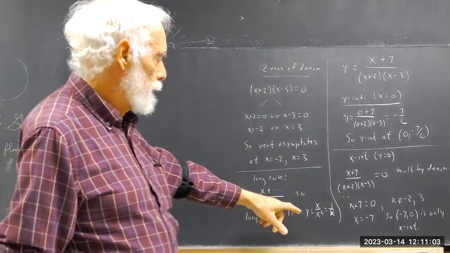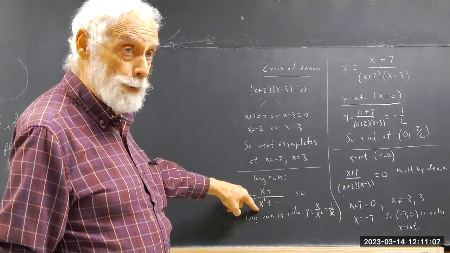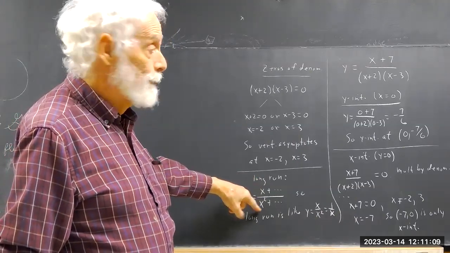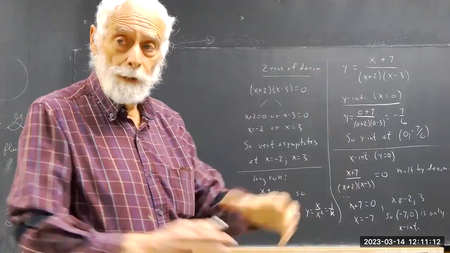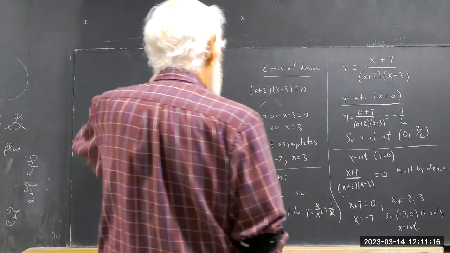Your long run behavior is like y equals highest power term of the numerator over highest power term of the denominator, assuming numerator and denominator are both expanded. So the long run is like 1 over x.